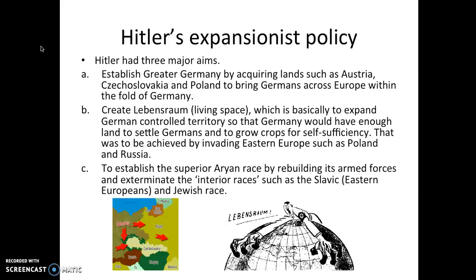A superior Aryan community would be one in which impure races would be eliminated so that they could not pollute and could not threaten the superiority of the Aryan race. So expansion will allow him to hunt those impure races, inferior races down, to protect the future of the Aryan race.